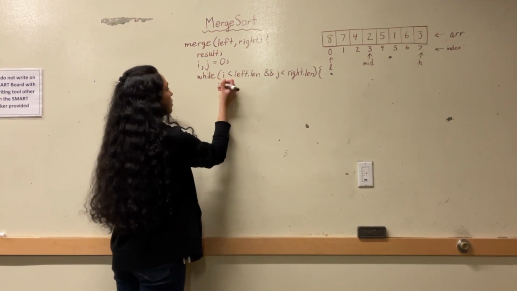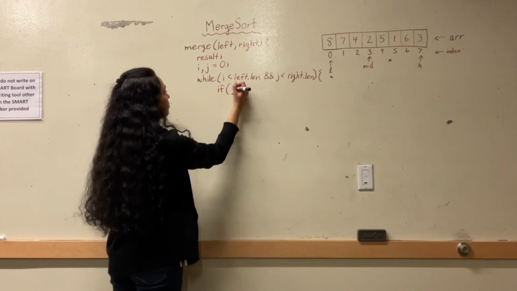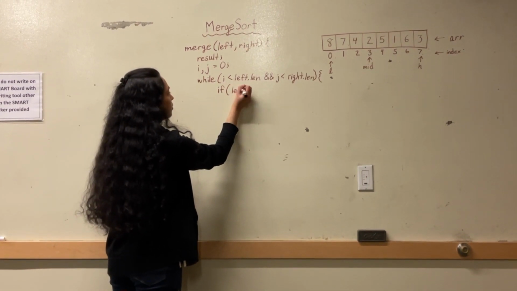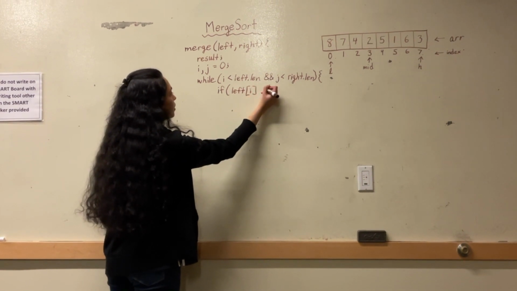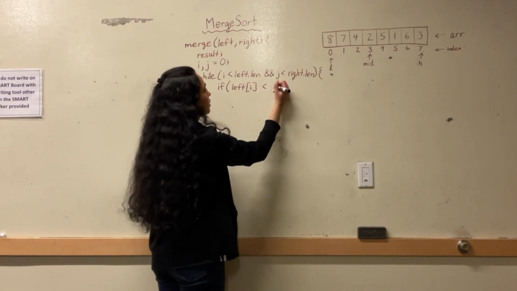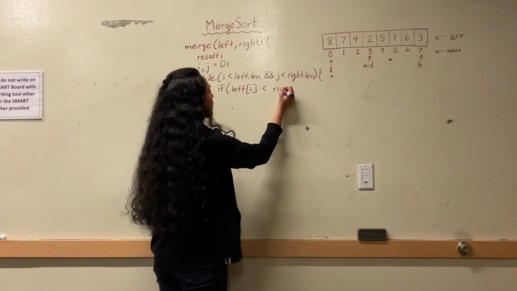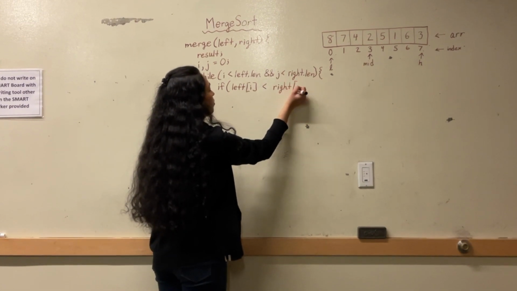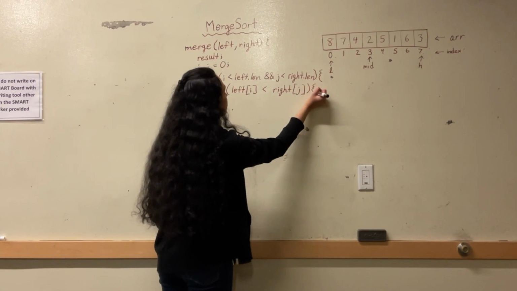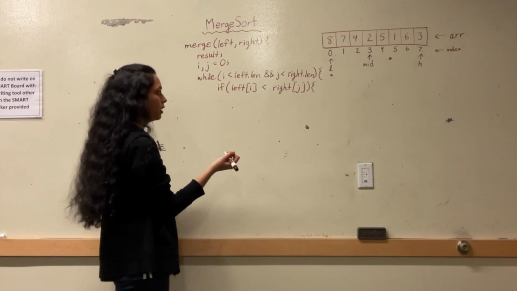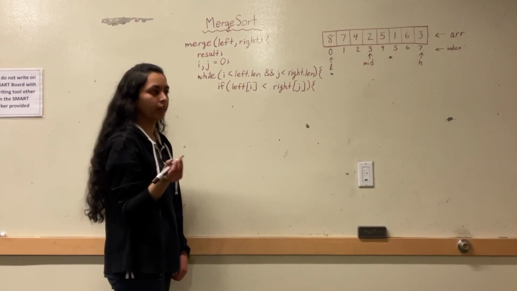So if the element at index i in left is smaller than the element at index j in right, then we would add that to the end of the result array.